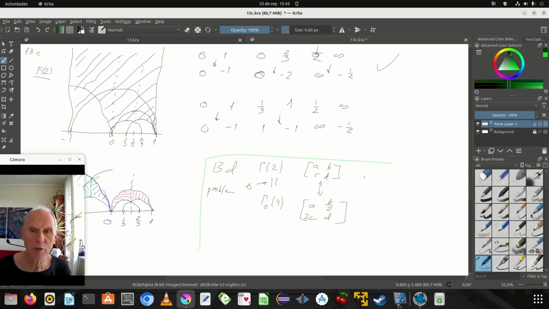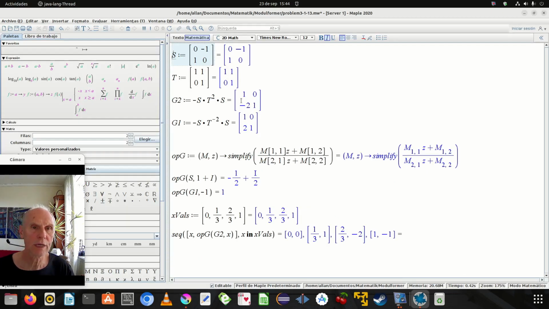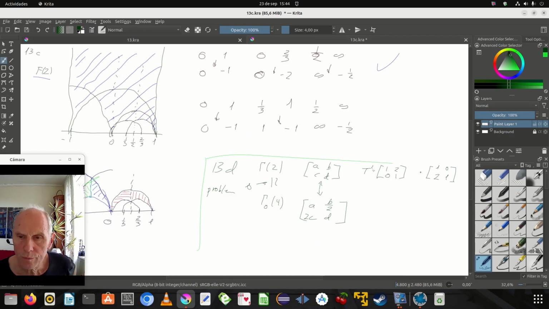We have generators of gamma 2, namely t squared, and s t squared, or was it t minus squared they wrote? That's of course irrelevant. We take this guy as a generator, just call it G. So the maps by the isomorphism here will of course generate gamma naught of level 4.